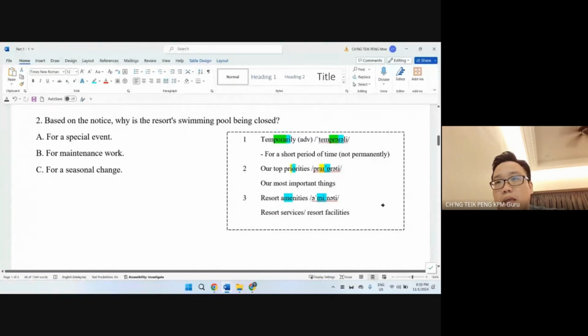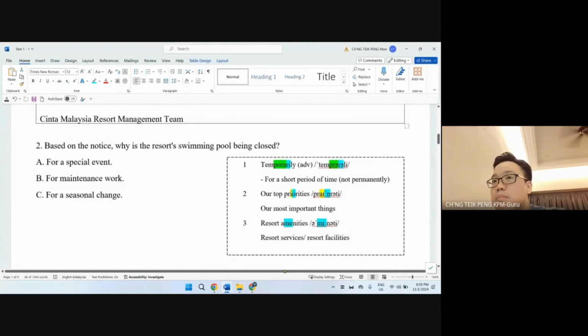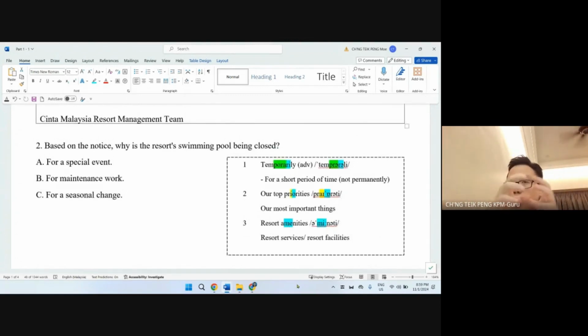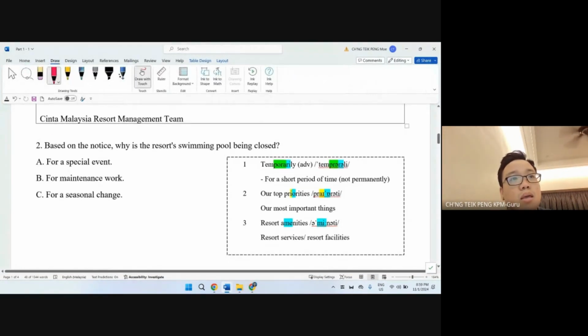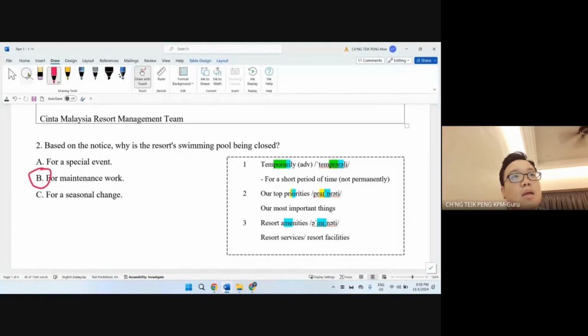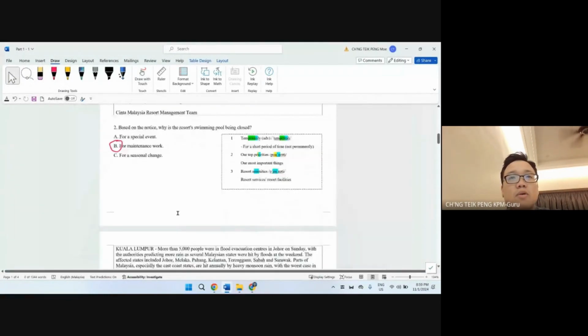I have explained the vocab here, so I hope you will copy this vocab in a small book so that it's easier for you to do revision next time. So all of you chose B. Based on the notice, why is the resort swimming pool being closed? Maintenance work. Very good. That's the answer.